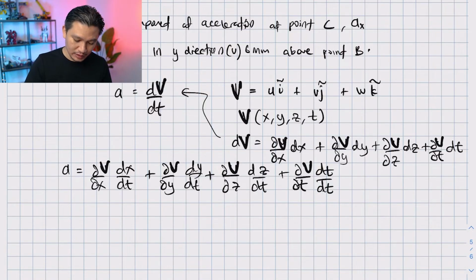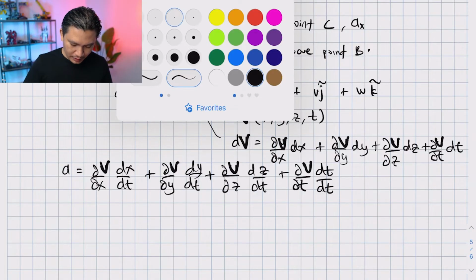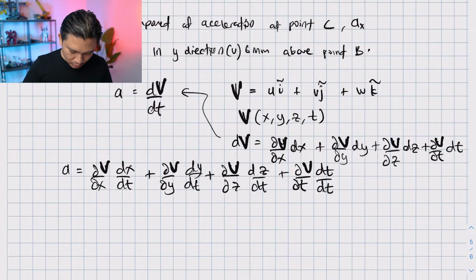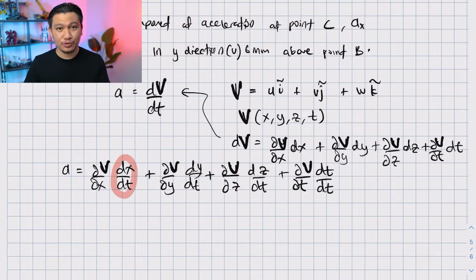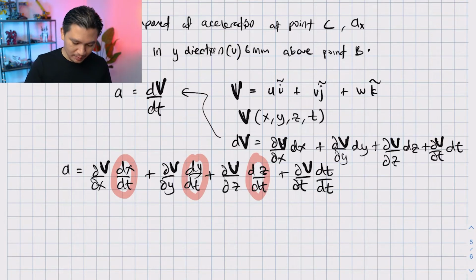Okay, now if you notice, dx over dt is actually u, the velocity in the x direction. dy over dt is actually v, the velocity in the y direction. dz over dt is actually w, the velocity in the z direction. Now let's write them up.